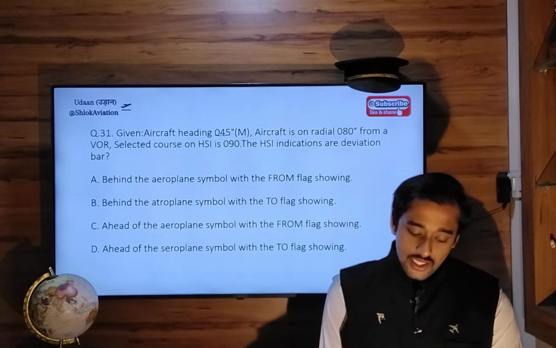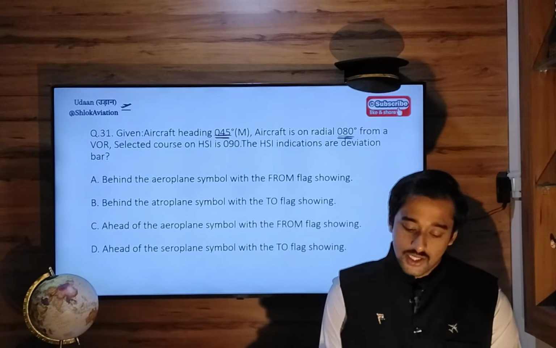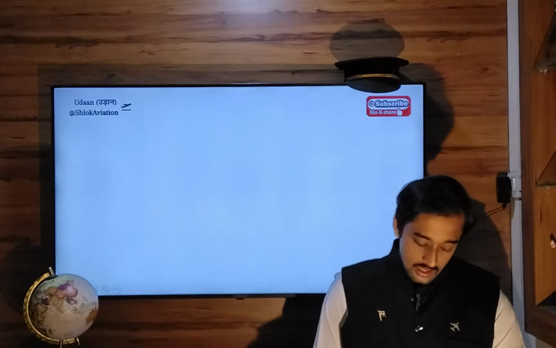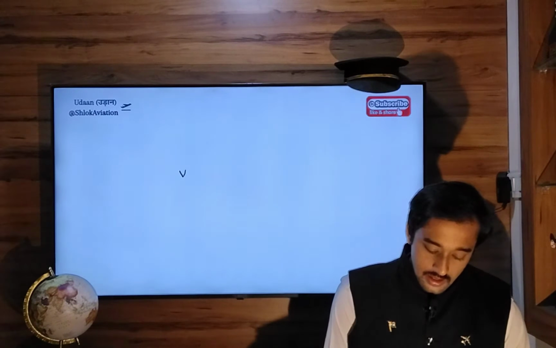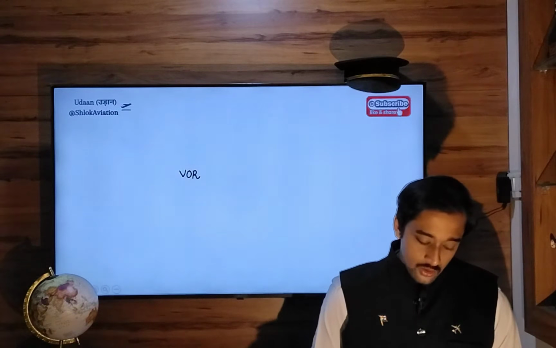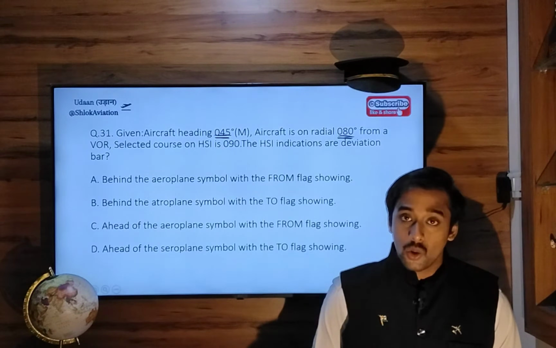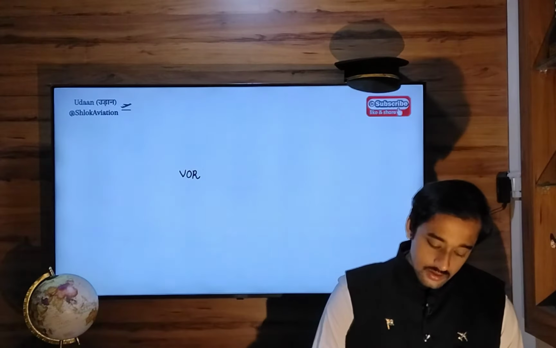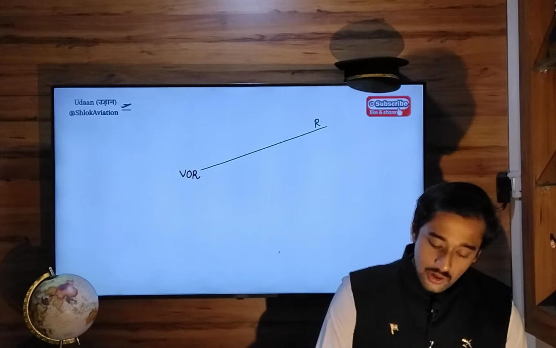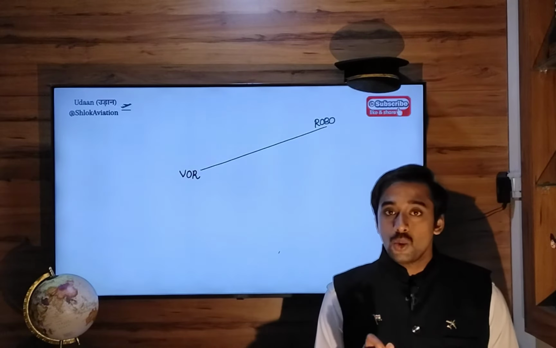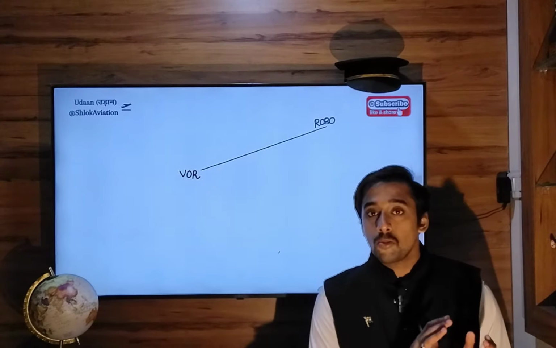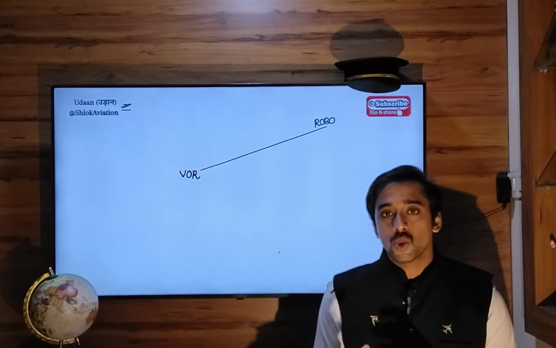Now aircraft heading is 045 and radial is 080. So let's draw this. There is a VOR station. You are situated on radial 080 from VOR. So this is your radial 080 and you have done a setting. Now in case of OBS, we used to say OBS setting of so and so.